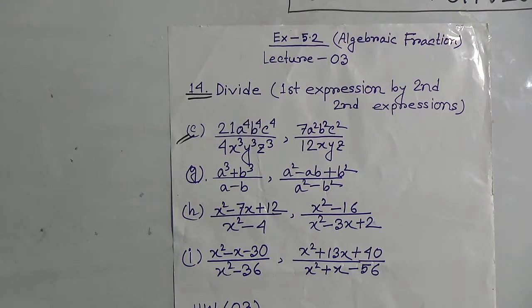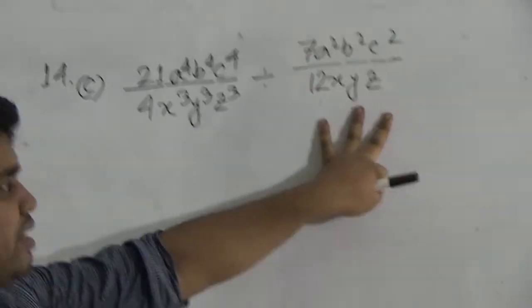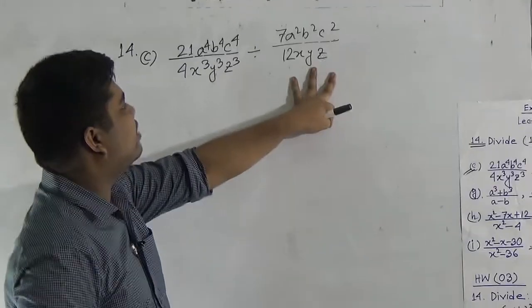Here the first fraction is 21 a to the power 4, b to the power 4 and c to the power 4 divided by 4x cube, y cube and z cube, divided by 7 a square, b square, c square divided by 12 x, y, z. So the first fraction is this and the second fraction is this. We divide this fraction by this fraction.